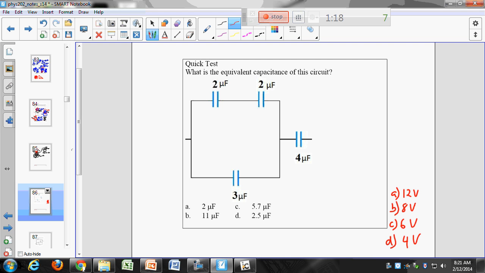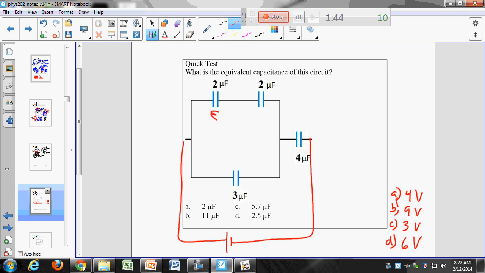Oh wait, I'm going to change this. I haven't given it to you yet. But I'm going to ask you, what is the voltage across this capacitor if I have a 12 volt battery down here?